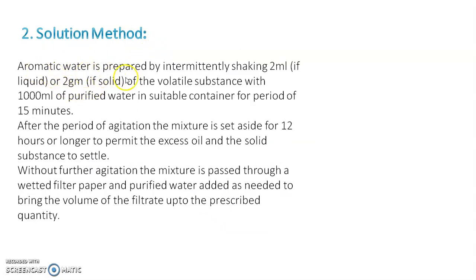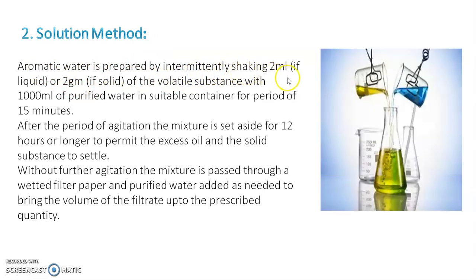Then the next method is the solution method. Aromatic water is prepared by intermittently shaking 2 ml of the volatile substance if liquid, or 2 gram if solid, with 1000 ml of purified water in a suitable container for a period of 15 minutes. This is the solution method.